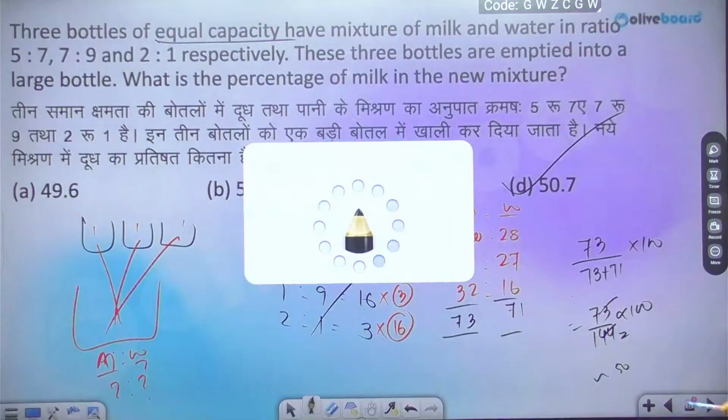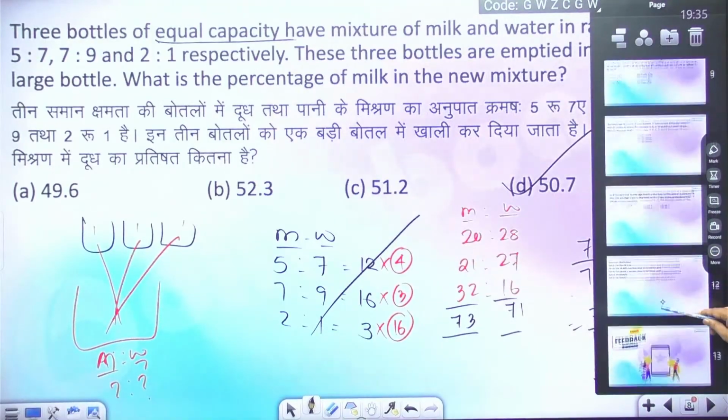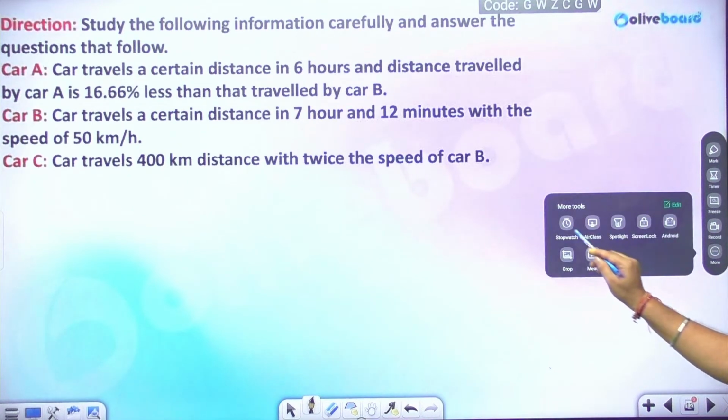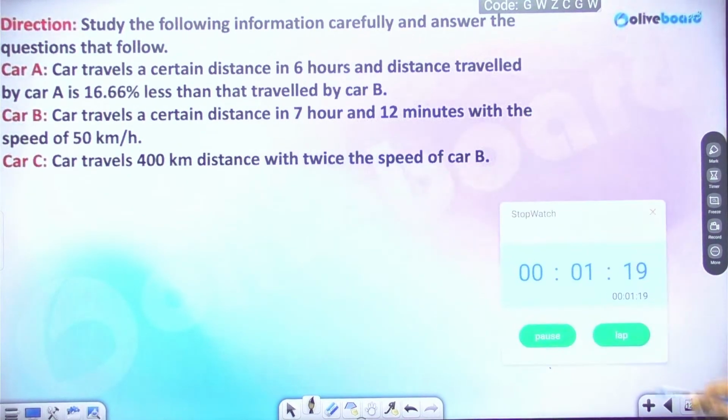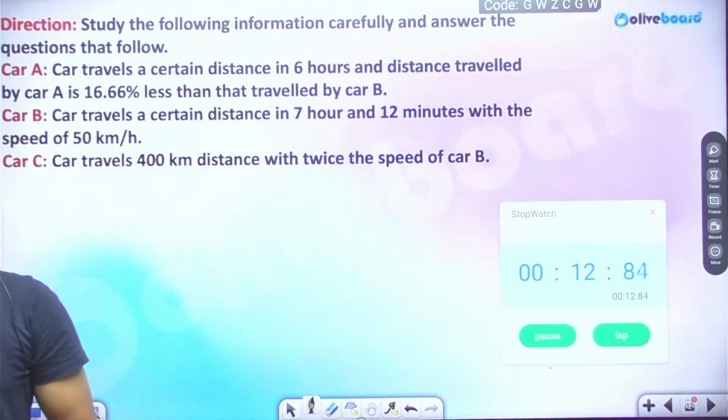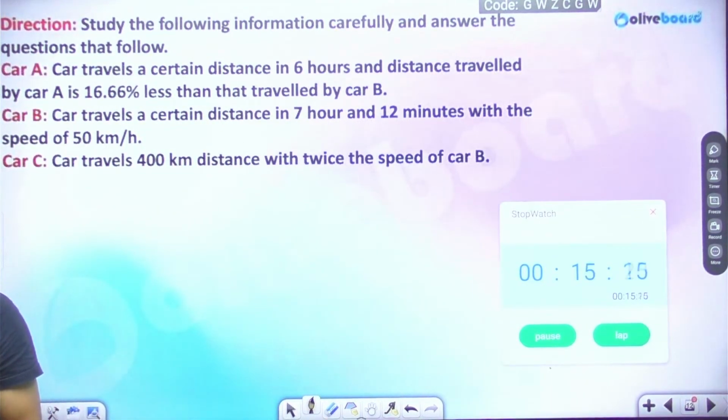So let's have the question of caselet. This is a question of caselet. Study the following information carefully and answer the questions that follow.